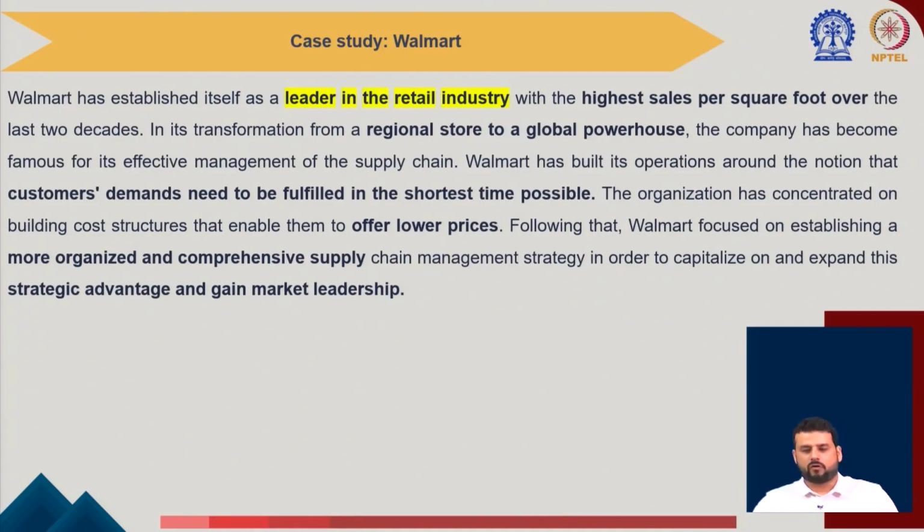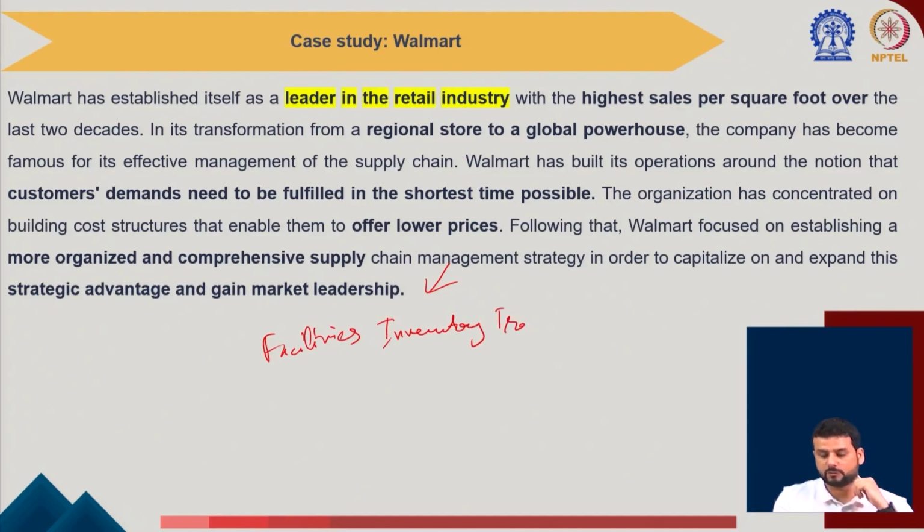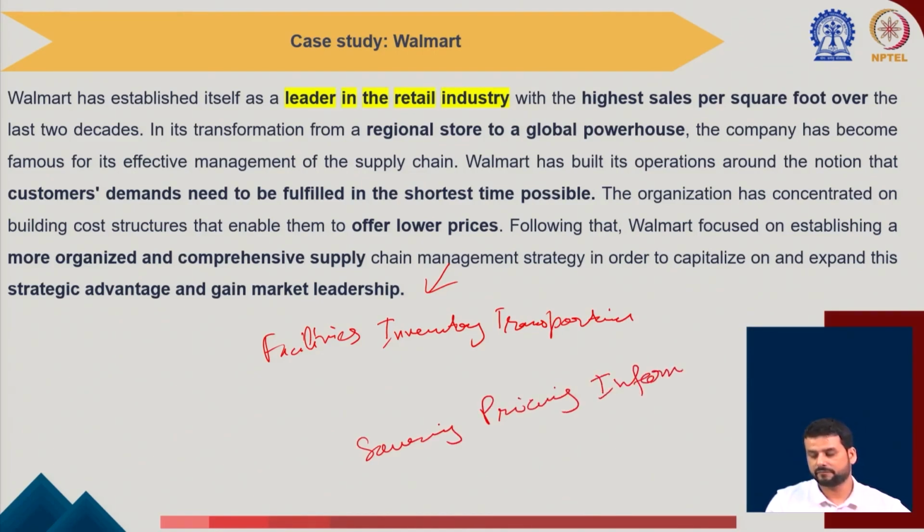Now the case of Walmart, quickly I want to give you the picture. If we talk about Walmart, we talk about all the drivers we discussed: facilities, inventory, logistics drivers, we talked about transportation, and then cross functional drivers: sourcing, pricing and information.